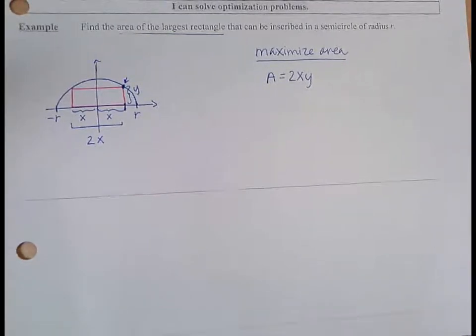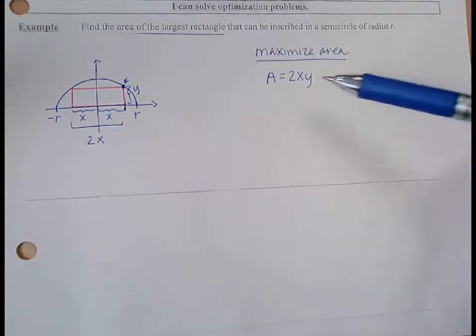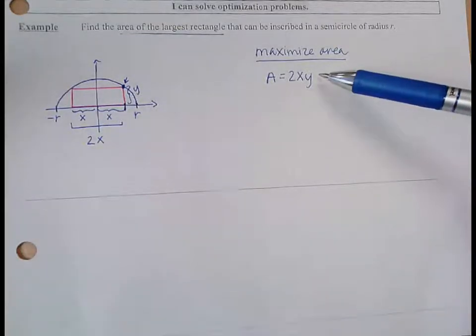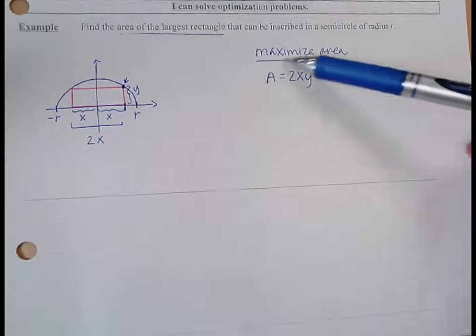Okay, so optimization, it's good to recognize what are you trying to maximize or minimize and write an equation for it. And if it helps, draw a diagram so you know how to put together your equation for the area in this case.